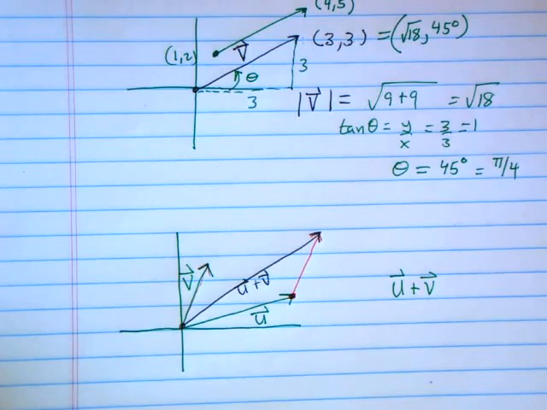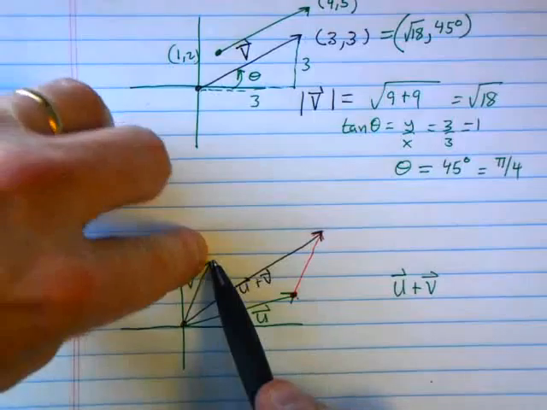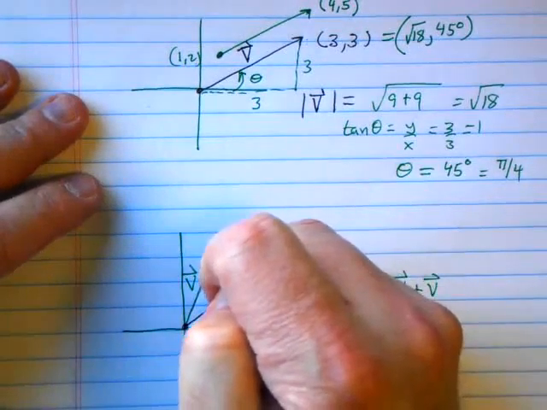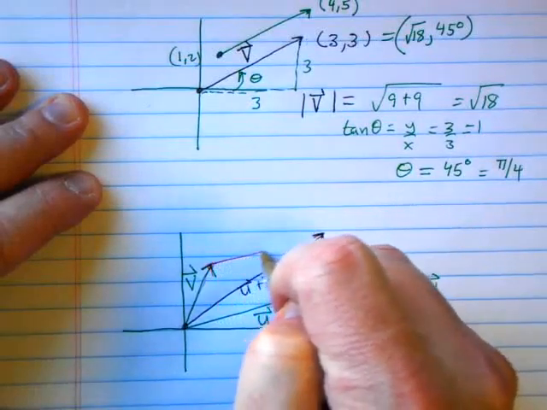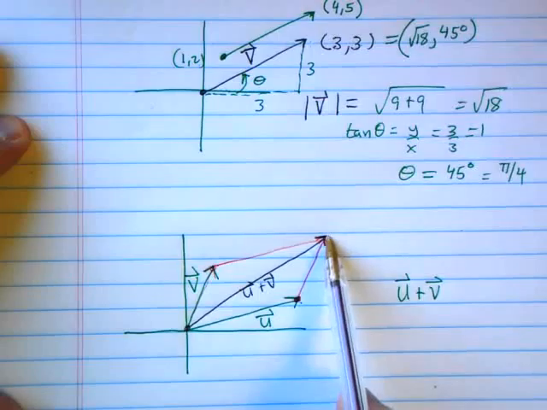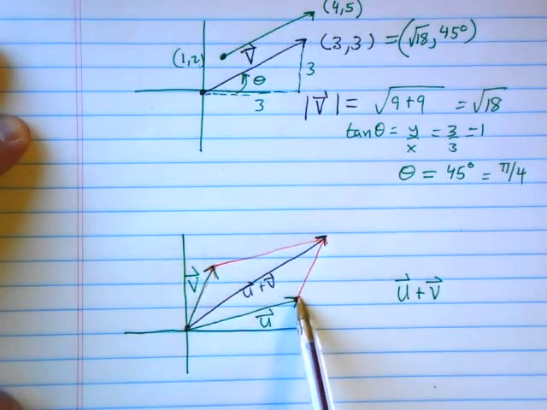Now notice I could have done it the other way. I could have taken this vector u and had it start where v ends, which would have given me this, like so. And I end up with a special shape here. What's this shape called? That's called a parallelogram. Why is that a parallelogram?